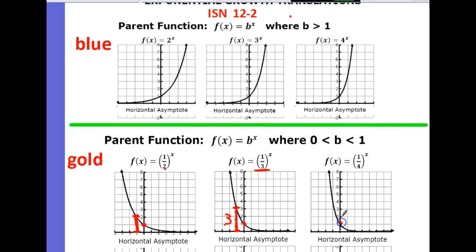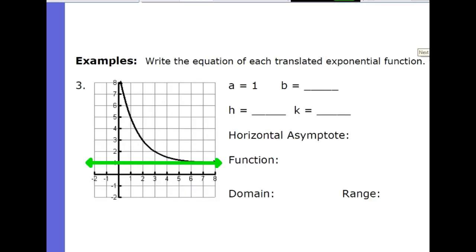Here's my key point. Instead of counting on the right-hand side, I count on the left-hand side. 1, 2, 3, 4. But instead of being a 4, when I put it into the equation, it is a 1/4. So on your gold notes, would you please skip over to example number 3.